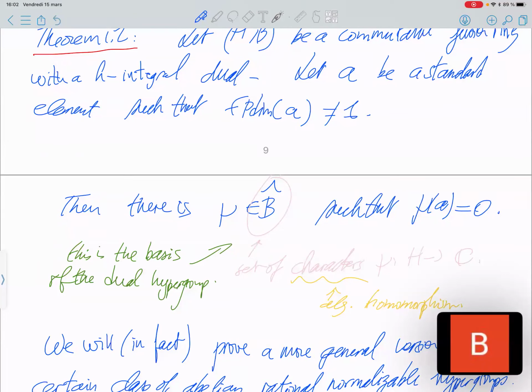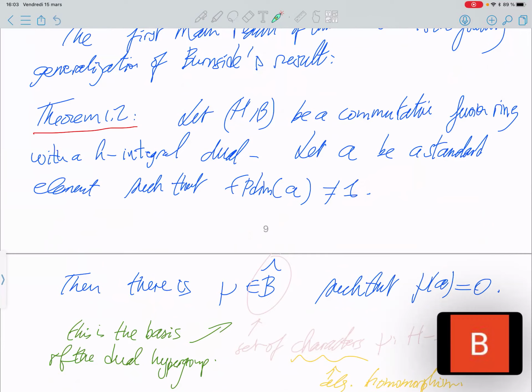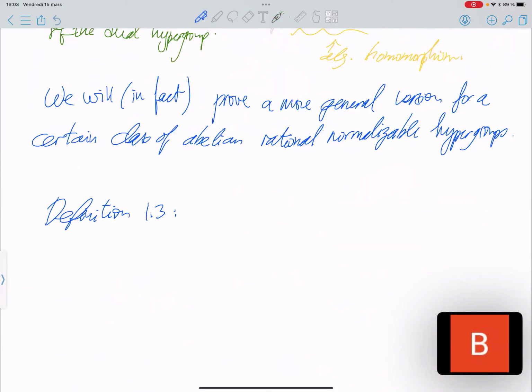For a group-like element, we need something normalized because we don't have the axiom n a star a 1 equal 1. So you need to normalize by that.